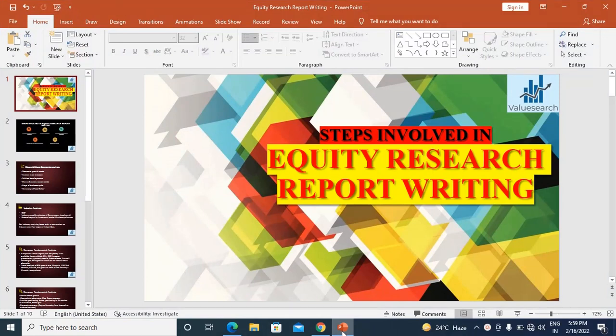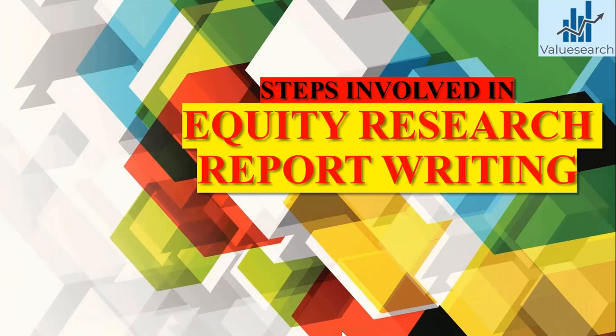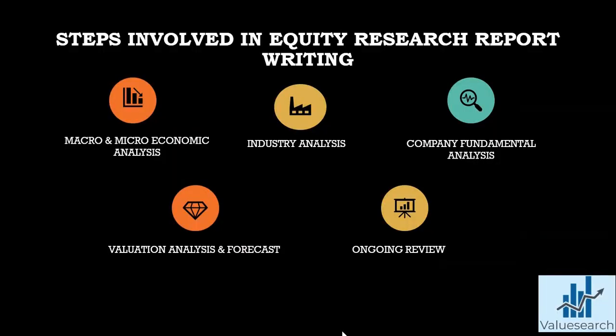Today in this video, we are going to learn what are the steps involved in order to make an equity research report on any company. So the steps involved in equity research report writing.